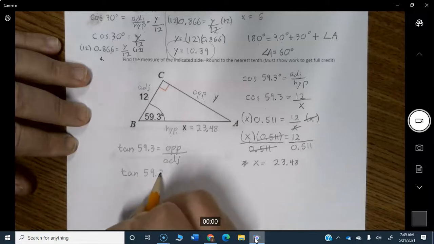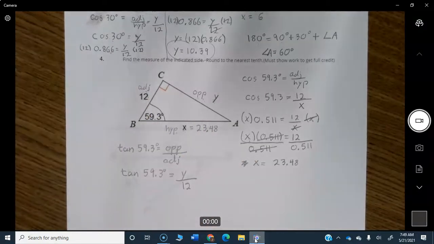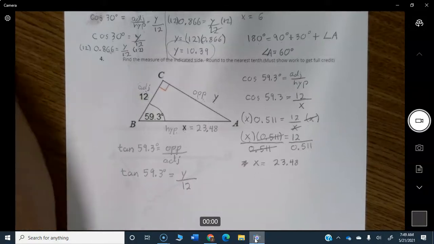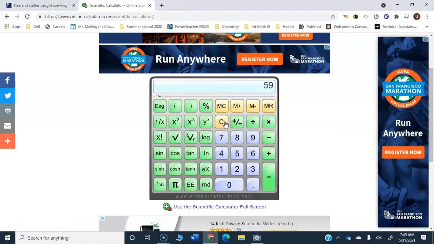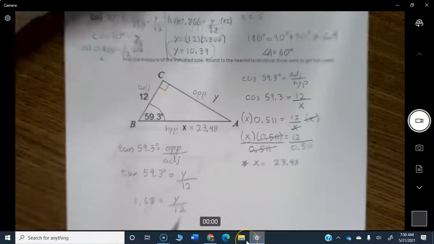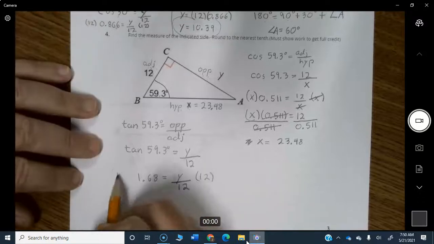We now need to go and find the tangent of 59.3. So we'll go back and do that. 59.3, and now we're going to press the tangent function right here. And that's 1.68. And now again, it's just an algebra problem.